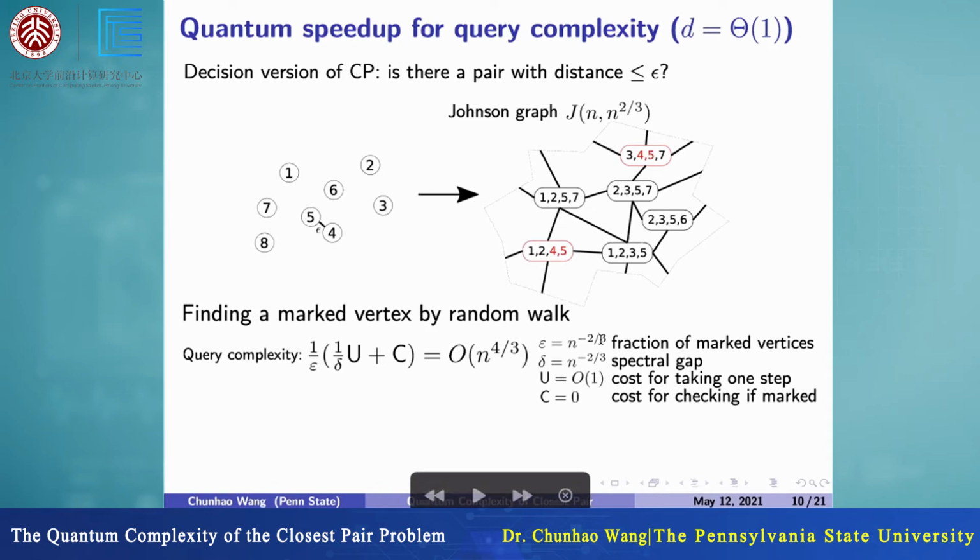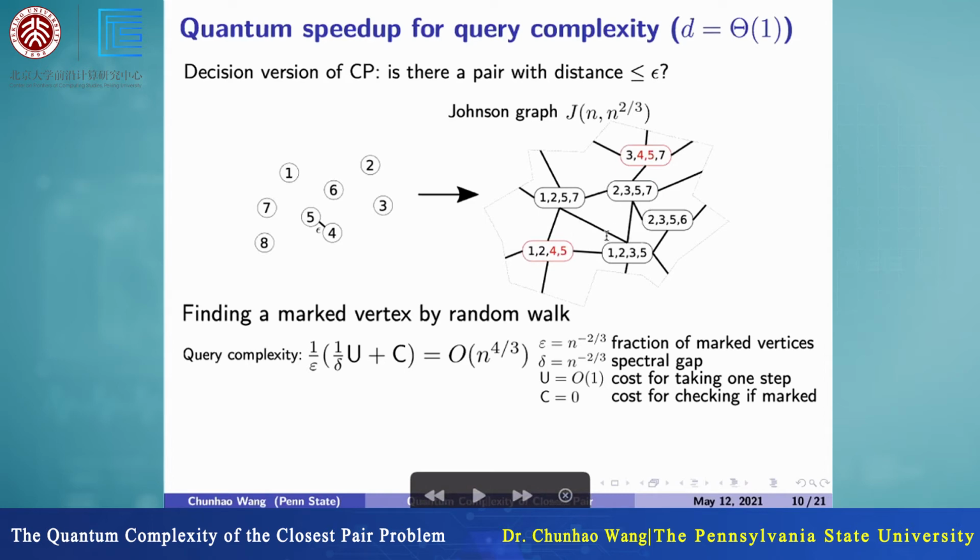So here, the fraction of marked vertices for the Johnson graph is n to the minus 2/3, and the spectral gap for the Markov chain is also n to the minus 2/3. And if you plug the numbers in the formula, you will get n to the 4/3 query complexity for doing the random walk search on the Johnson graph.